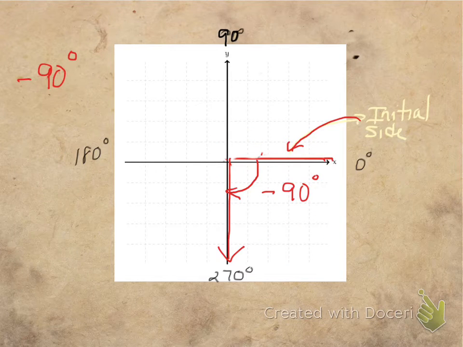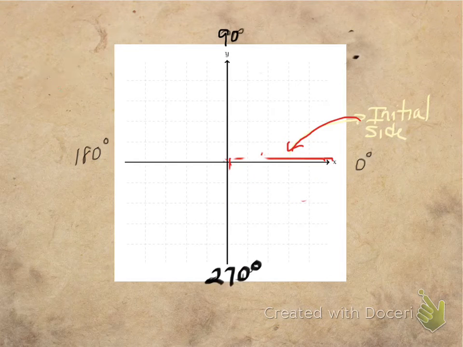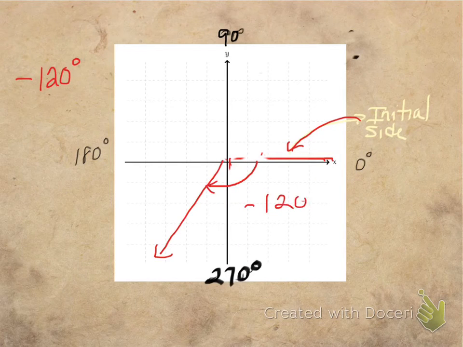What about negatives? Well, negative 90 would be going down from the initial side. We're going clockwise now, actually. And again, you can see the arrow pointing, showing that that's the angle we're actually talking about. Negative 120. Again, I have to go 90 degrees plus another 30 degrees, and that's about where I would be.